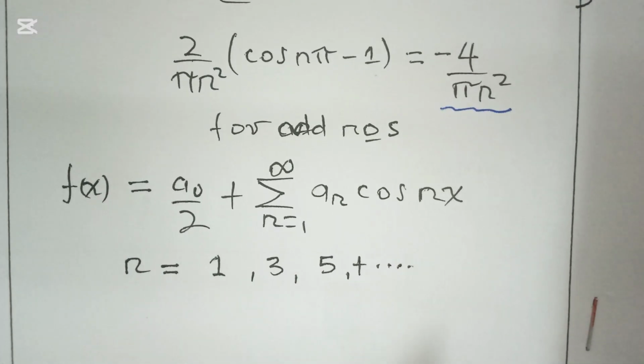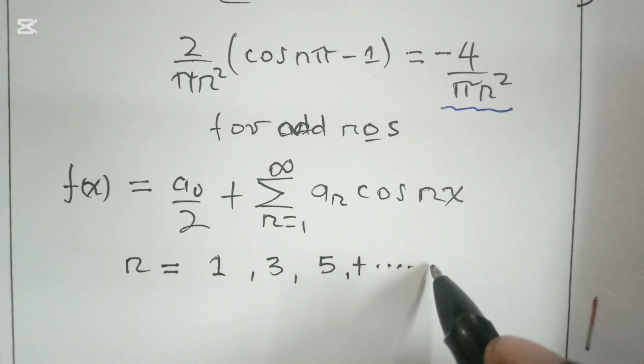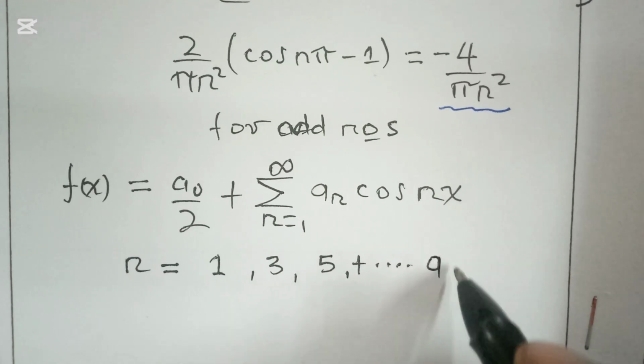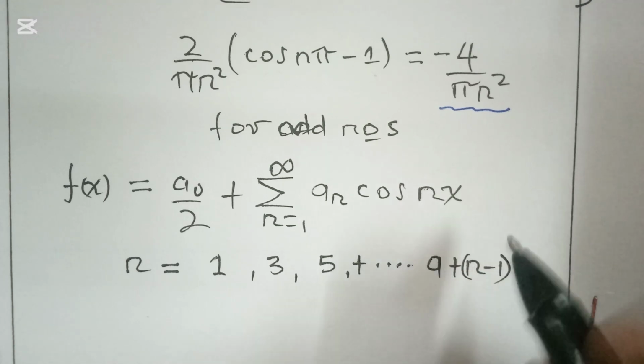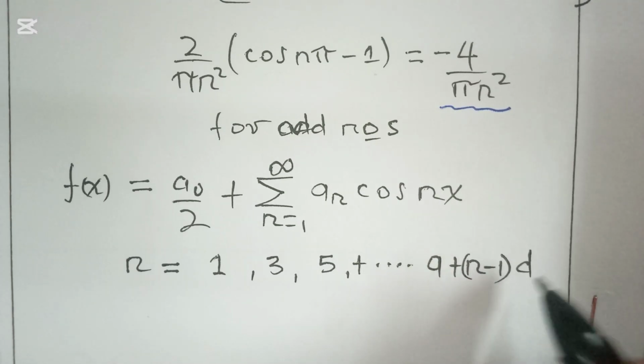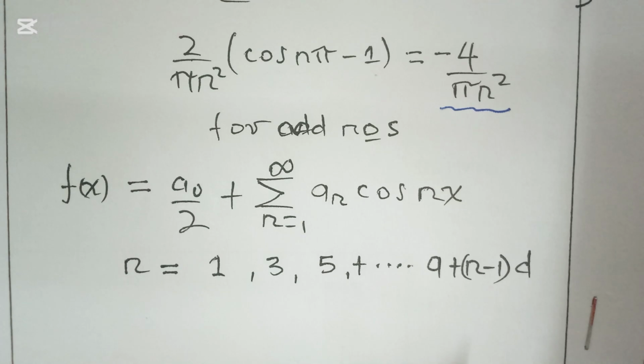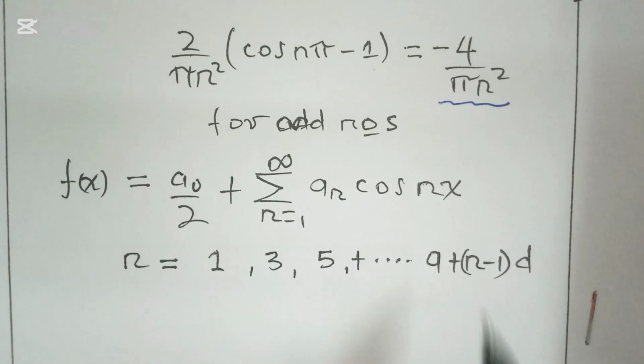The nth term is usually written, this is now an AP, a plus n minus 1 d. That is the nth term. And so let's see what it is going to bring about.